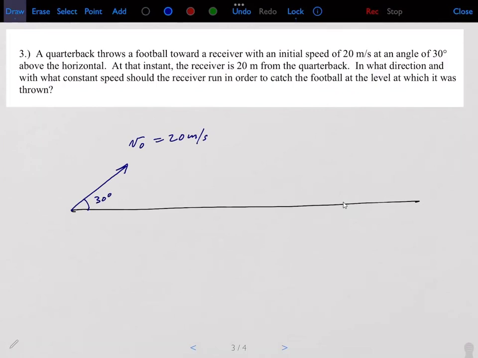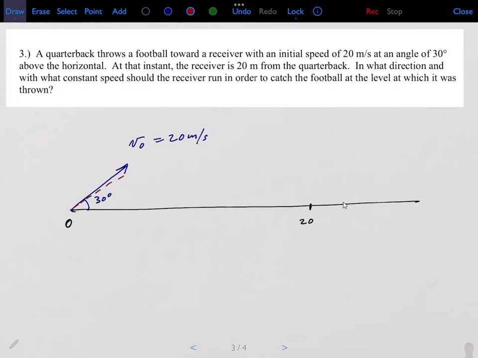I'm going to say that this location is at 0, just to keep it simple. The receiver is starting at 20 here.